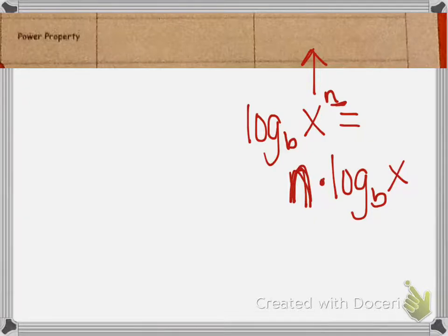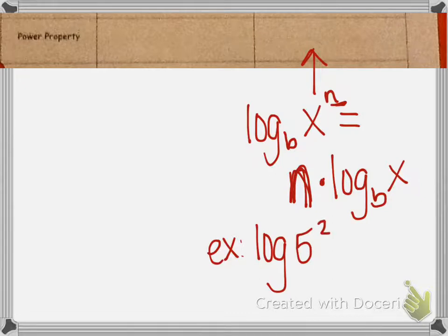For example, let's say you have log 5 squared. Remember, if you don't see the base on a log, what is it, everybody? Yes, it's 10. So we have log base 10 of 5 squared.